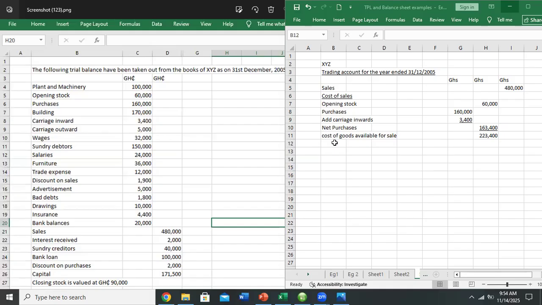These are the three key categories of expenses in the profit and loss account. So carriage outwards is a selling and distribution expense. It's not seen as a direct trading expense. The direct trading expenses are all the expenses that are necessary for you to be able to sell the goods that you purchase.